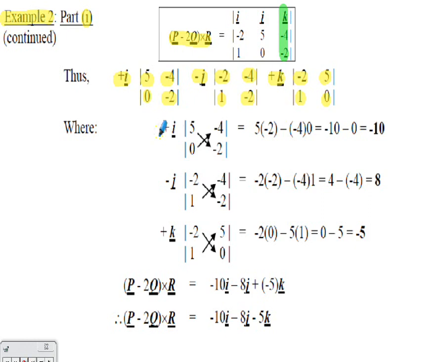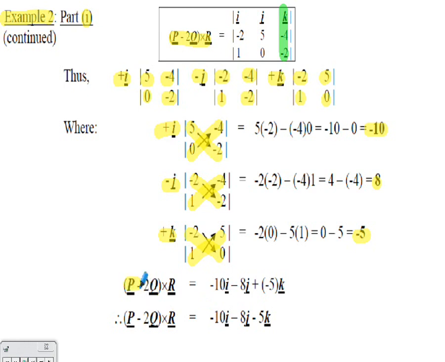Now evaluating the determinants, for the plus i, that becomes 5 times minus 2, take away 0 times minus 4, gives us minus 10. For the minus j determinant, that's minus 2 times minus 2, take away 1 times minus 4, that gives us plus 8. And for the plus k determinant, that's minus 2 times 0, take away 1 times 5, gives us minus 5.